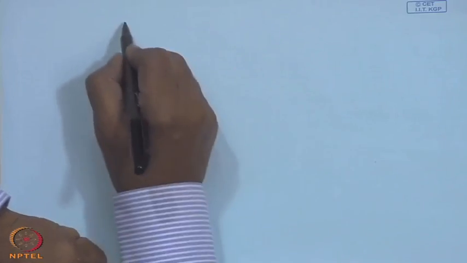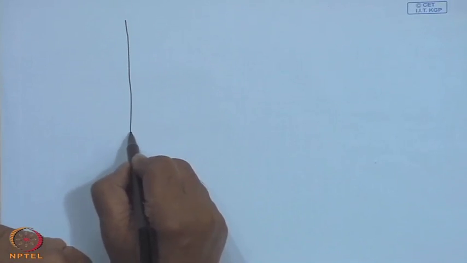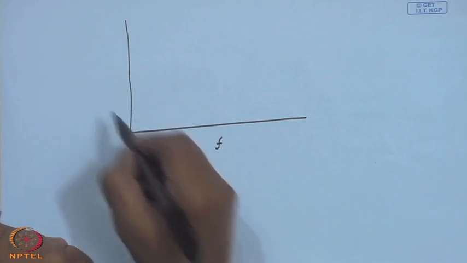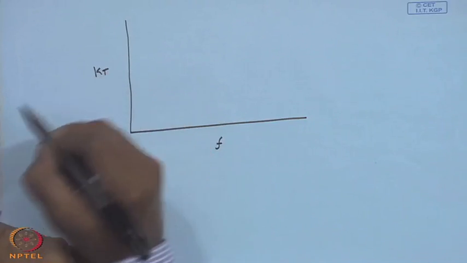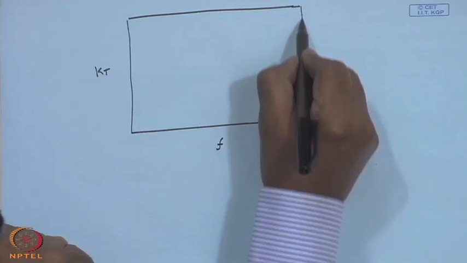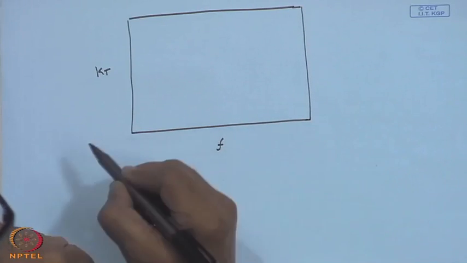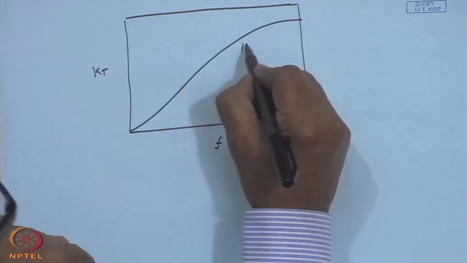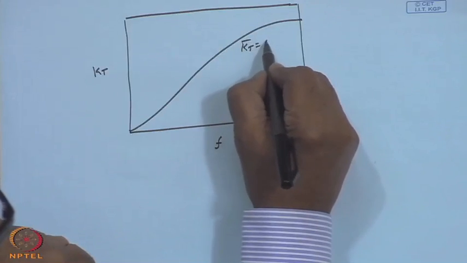So, what we can do is, if we have a cumulative frequency distribution like this, that we know from Liu and Jordan. This is, let us say, at KT bar equal to 0.6.